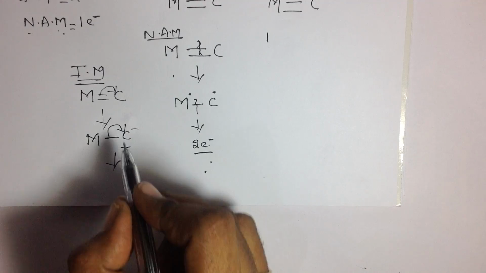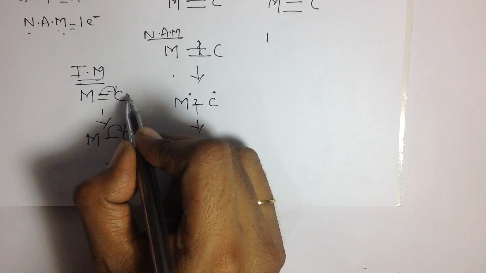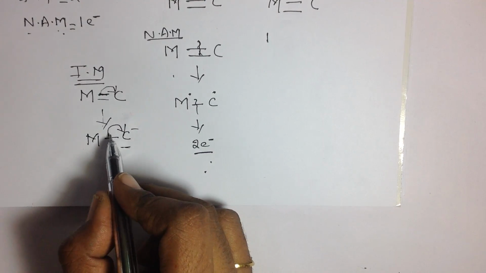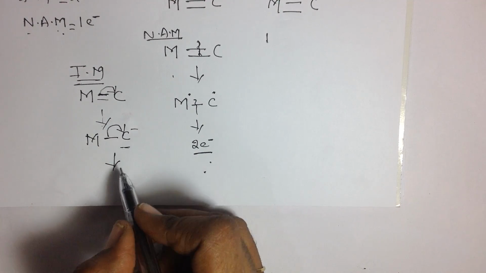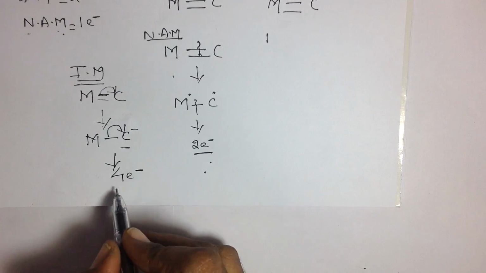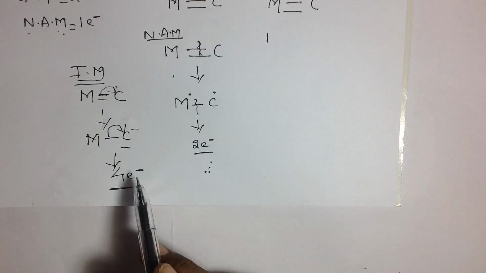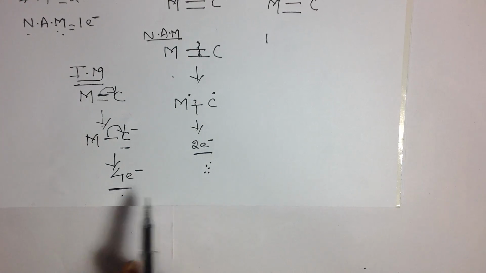So how many in total? 2 electrons from the first bond shift and 2 from the second bond heterolytic cleavage towards carbon, that is 4 electrons. Have you understood? This is the difference between the neutral atom method and the ionic method.